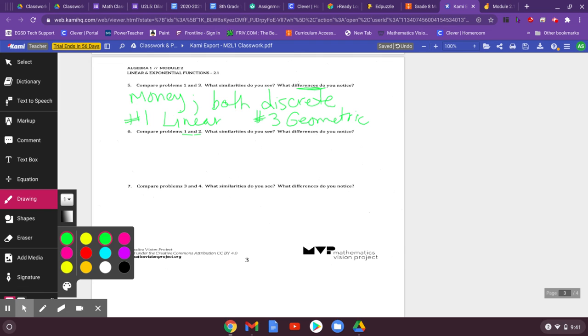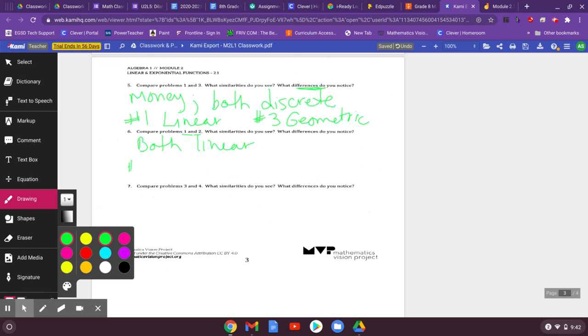Okay, let's compare 1 and 2. So 1 and 2 were the piggy bank and filling the pool. Well, similarities, they were both linear. They both made straight lines. It was a constant rate. It was +3 each day or +2 gallons every minute.